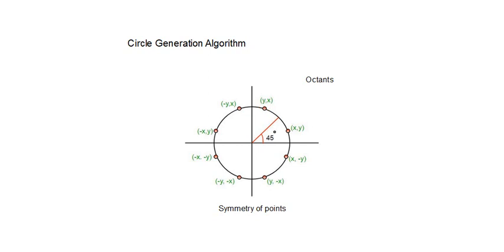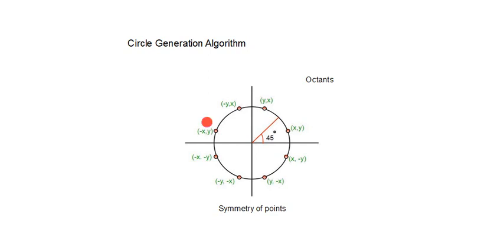So here it will be (y, -x), because the x coordinate will remain positive and the same, whereas the y coordinate will become negative. It was positive here, it is negative here.